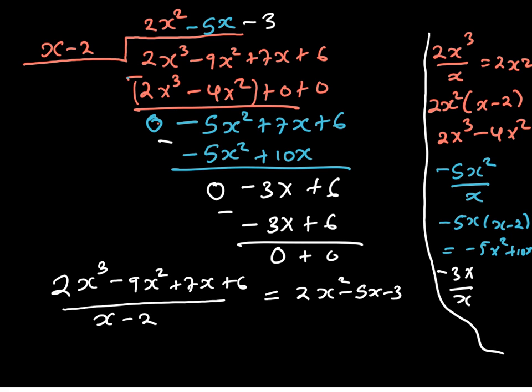Remember our remainder theorem, we are supposed to add the remainder, but in this case the remainder is equal to 0, so there is no need of including it.